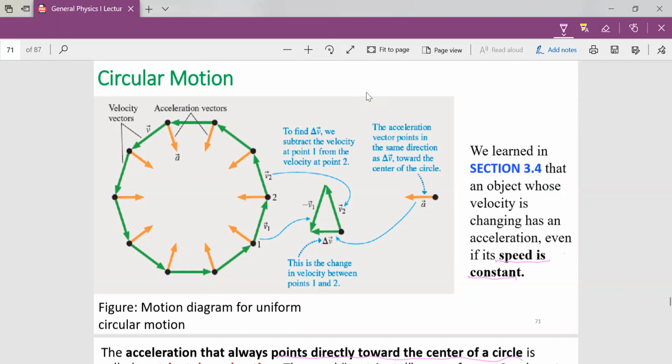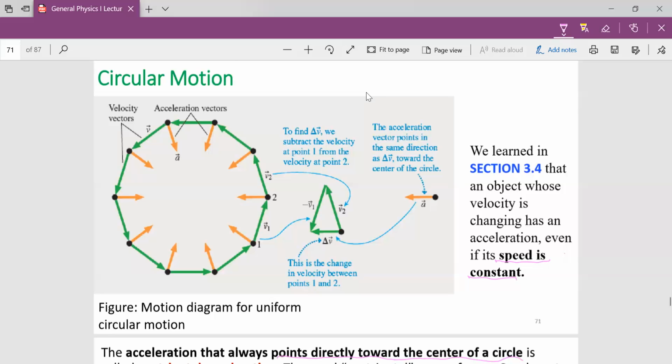That the speed is constant, okay? We can see that this kind of circular motion can actually describe a uniform motion because the arrows that describe the velocity vector are all of the same size. So it means this circular motion is actually a uniform motion in a circular form, okay?